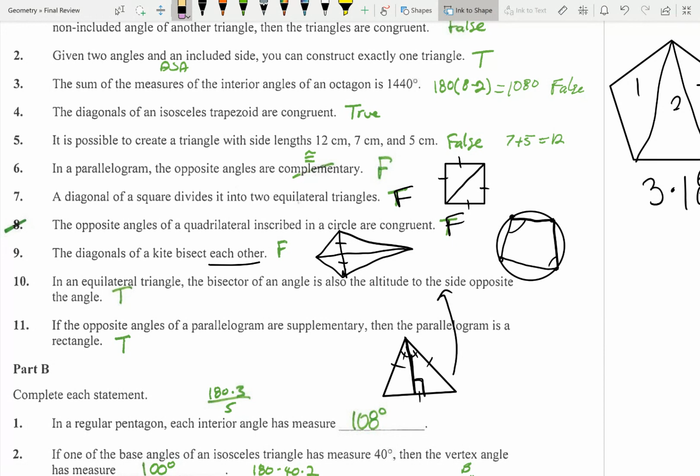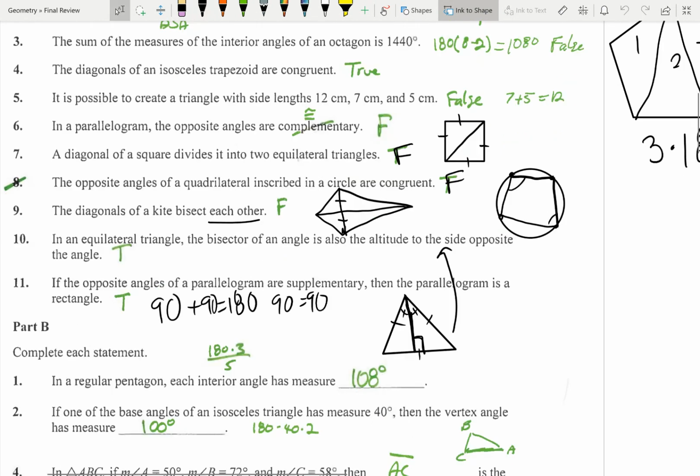Well, that would be true because opposite angles of a parallelogram are congruent. So if they're congruent and supplementary, they would both have to be 90, wouldn't they? So yes, it would have to be a rectangle. That would make sense. Very good.